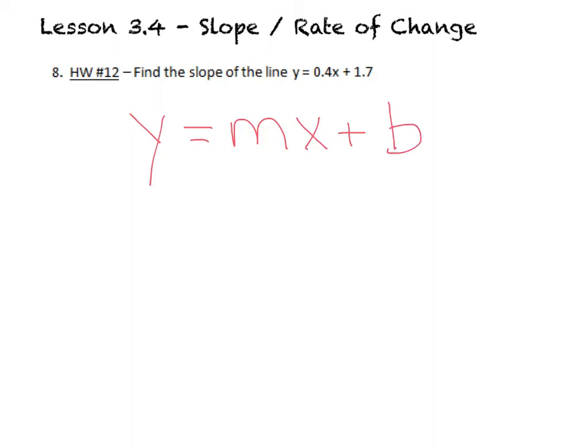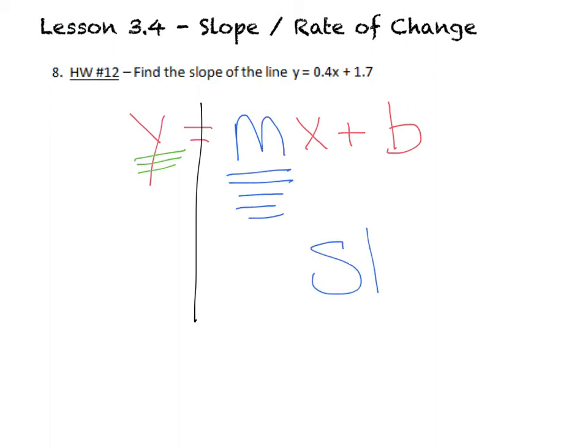Now, right now you might think, well, that looks awfully funny, but the main thing you need to worry about is you must have y by itself. If y is isolated, then it's really, really easy. The number in front of x, the coefficient of x, which in our formula is called m, this is always, always, always our slope.